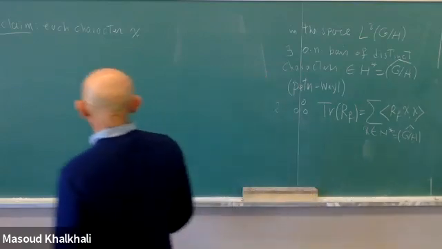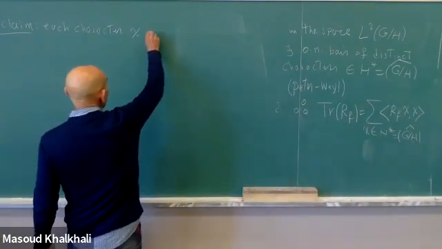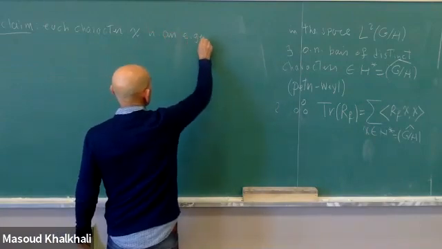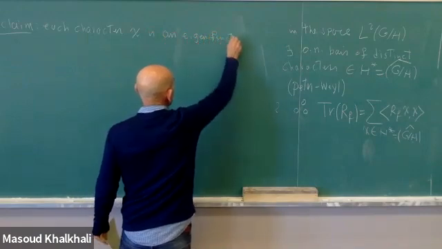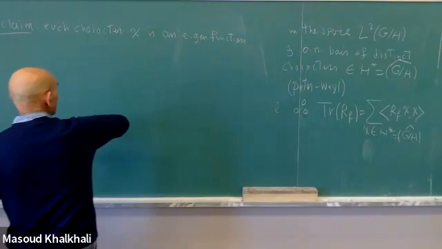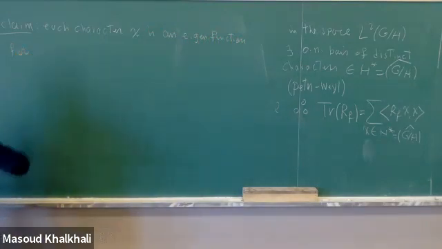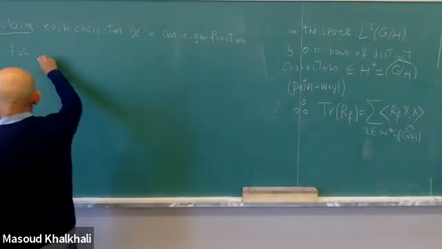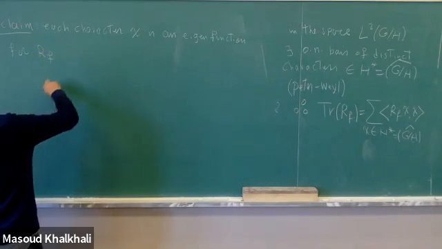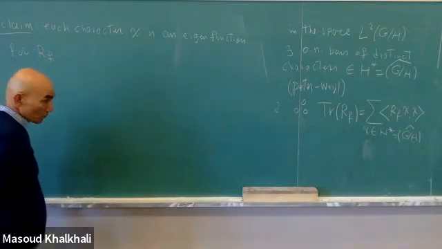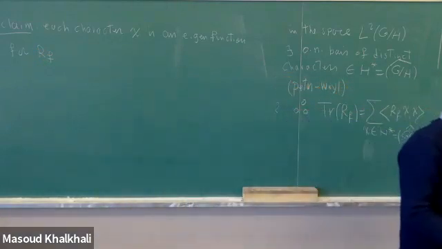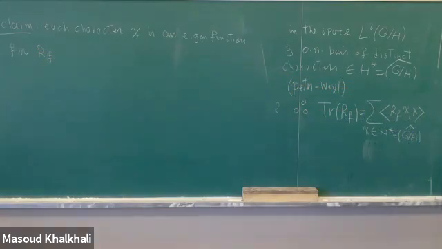Right. Okay, so each character chi is an eigenfunction for Rf. So you see that it's not difficult now. So let's compute.